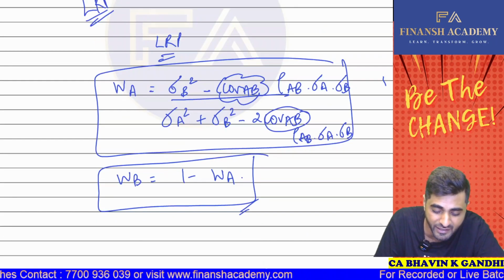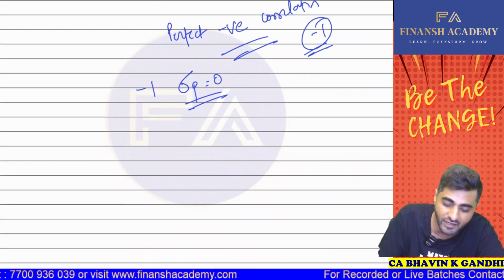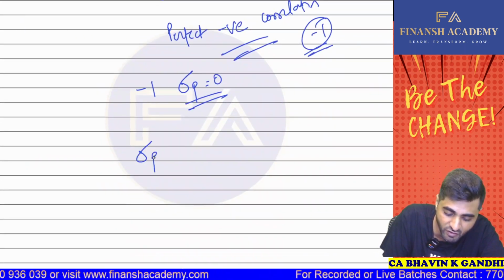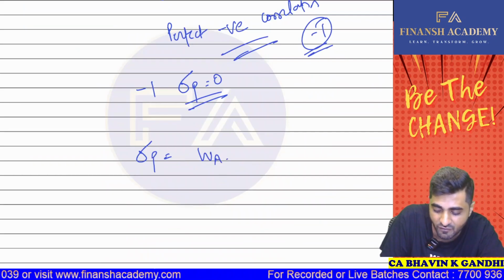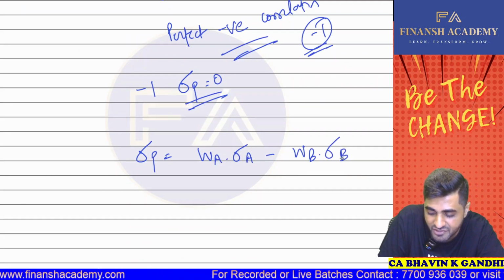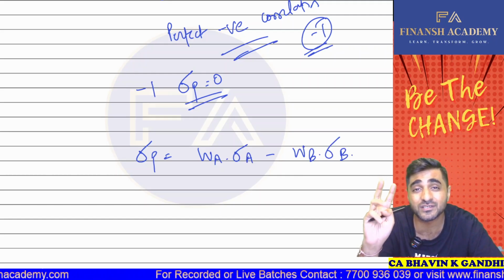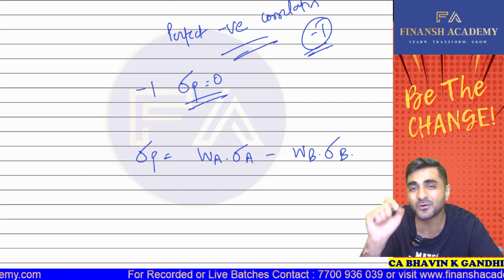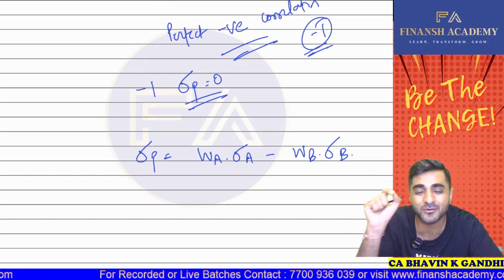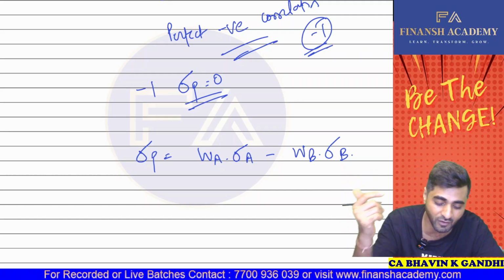That is something we can calculate by using this formula, or else we can also calculate this by using the formula: risk of a portfolio is weight of A into standard deviation A minus weight of B into standard deviation B, because whenever the correlation coefficient between the two securities is -1, we can use this shortcut formula to calculate the risk of the portfolio. I've derived this in part 1 of the chapter.